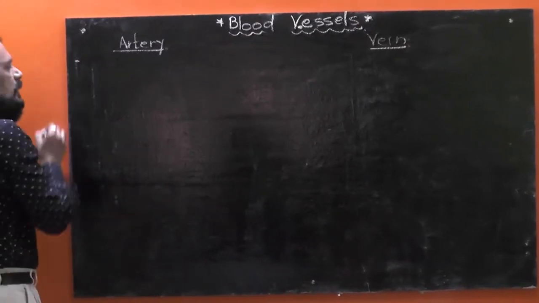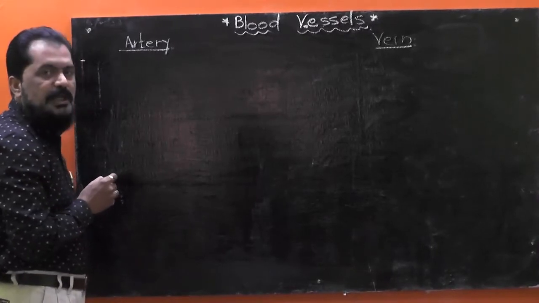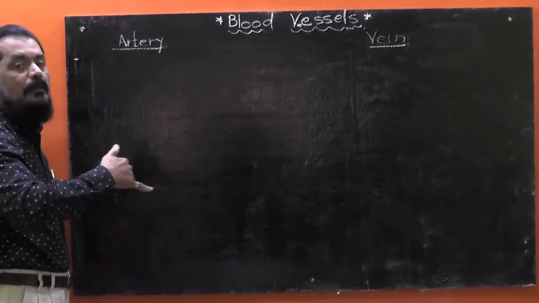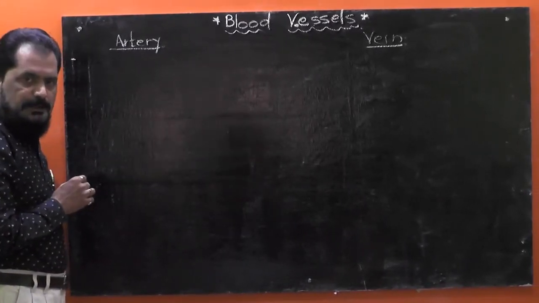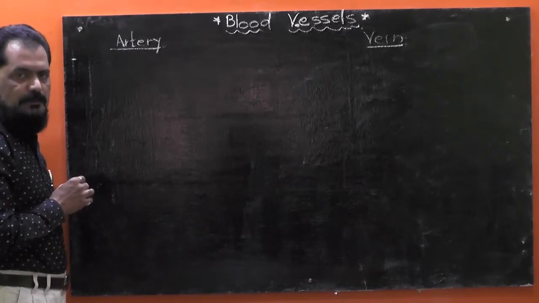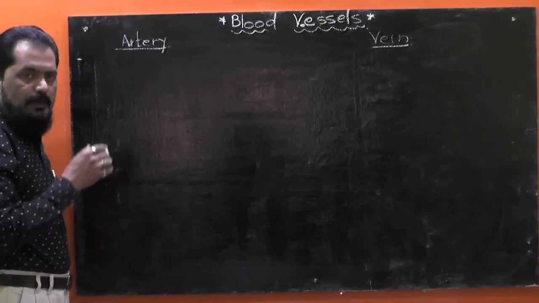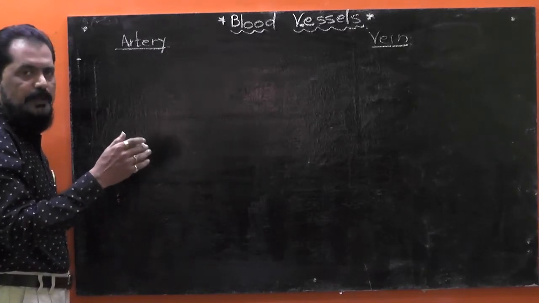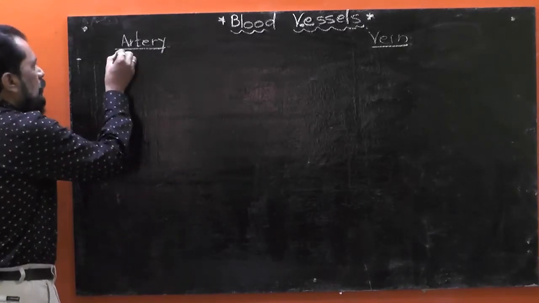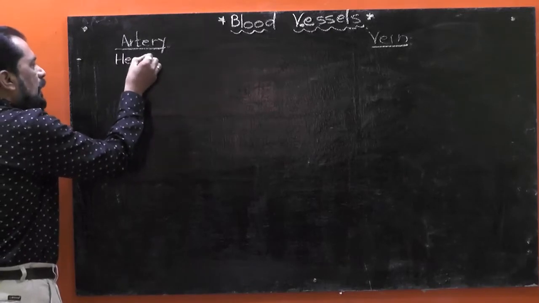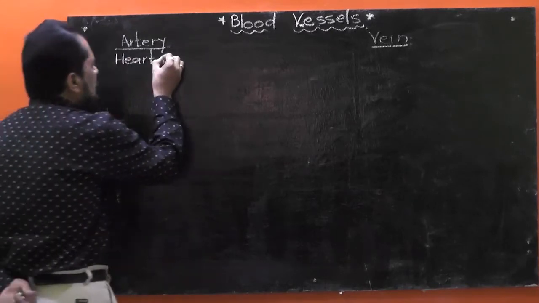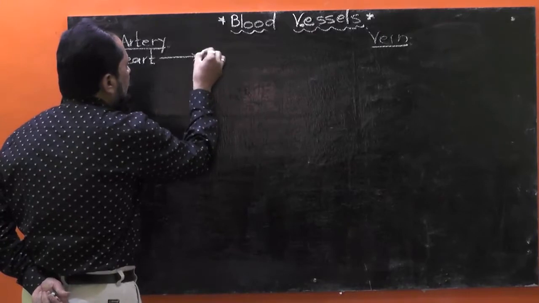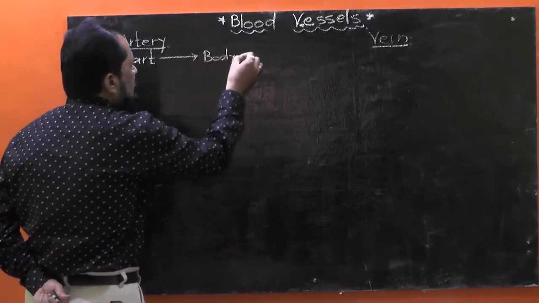Artery is the blood vessel which carries blood away from heart. Artery is the blood vessel which carries blood from heart to different body parts, to different body organs. So I can write here, artery carries blood from heart to different body parts.